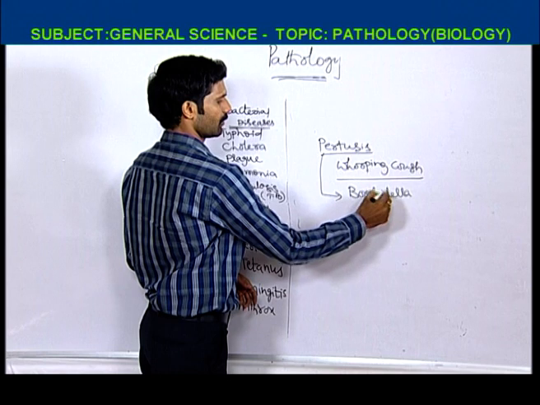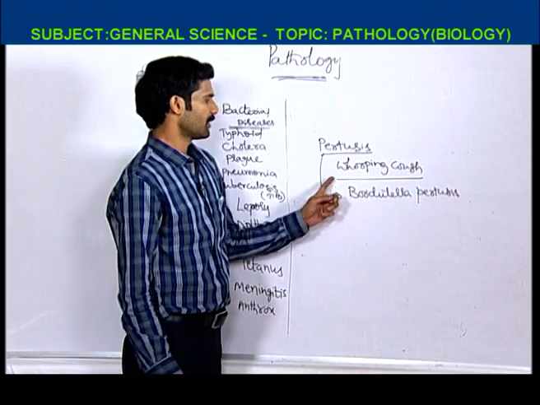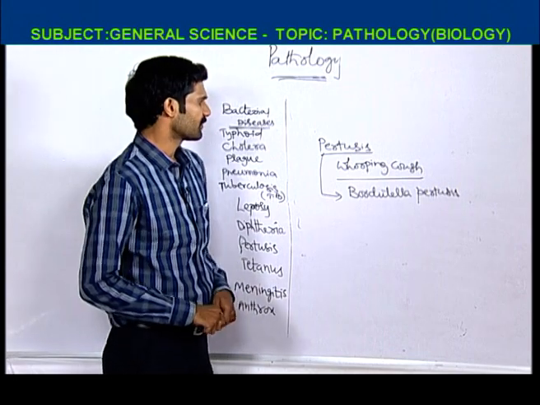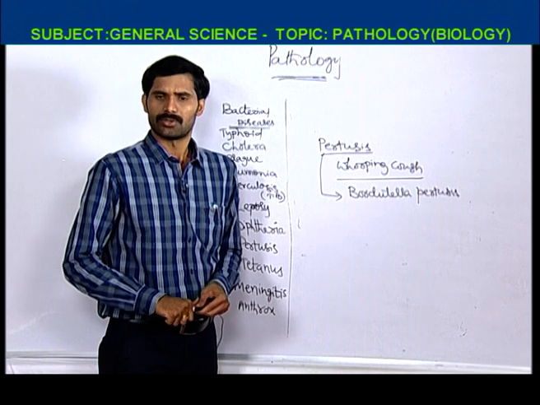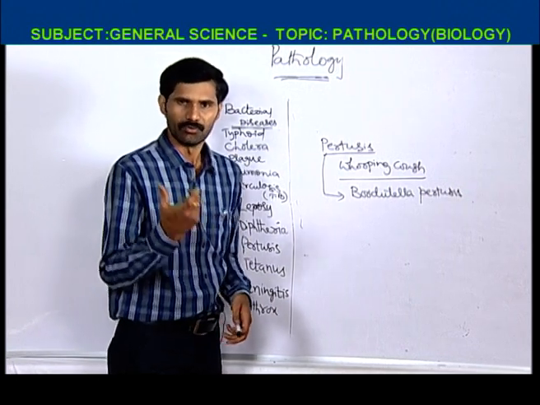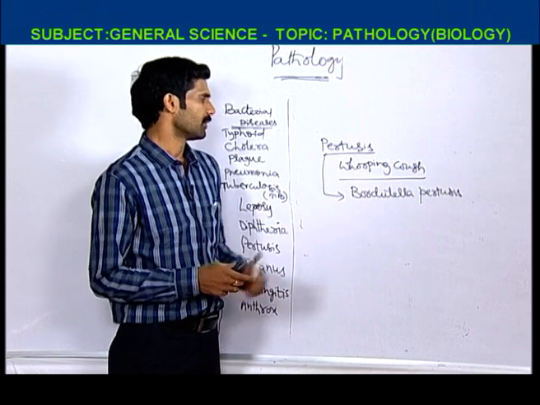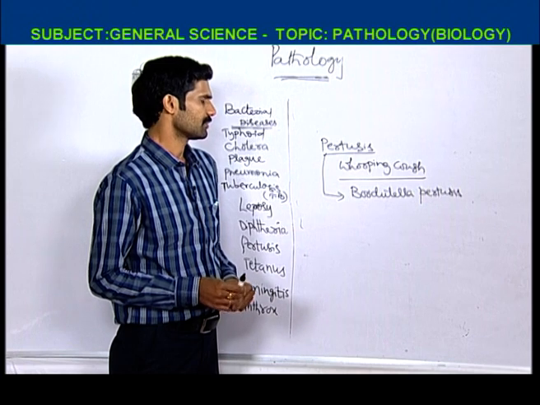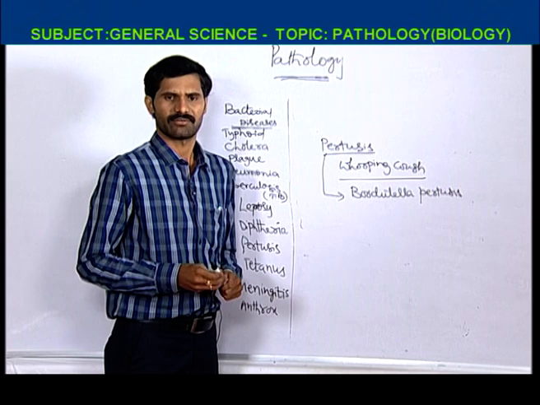The main characteristic feature of this disease is heavy cough. During coughing there is a whoop-like sound, hence it is called whooping cough. In pertussis, generally the throat region is severely affected.